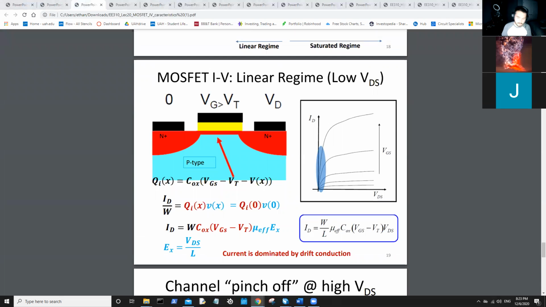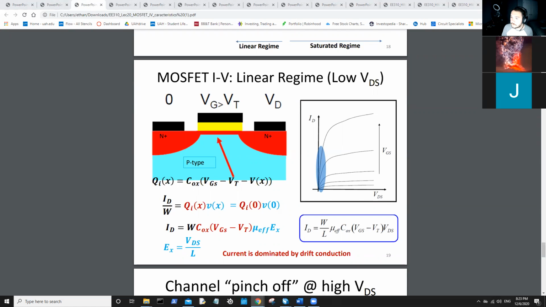Constants across the board. We still have 1 times 10 to the negative 4th for our width, but now it's just 1 times 10 to the negative 4th for our length. Therefore, that's just equal to 1. We still have 100 for that mu. Then we still have the same oxide we calculated previously, 1.725 times 10 to the negative 6th power.